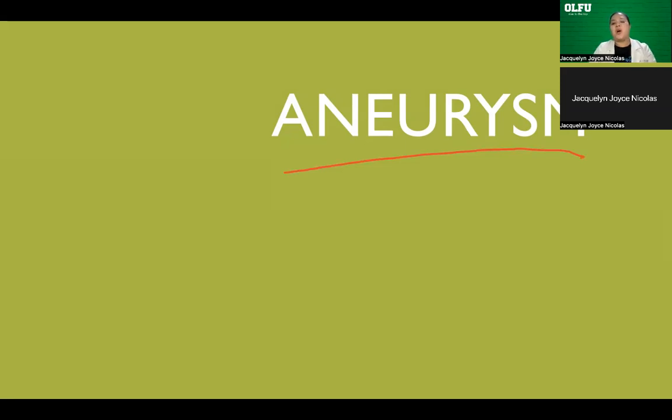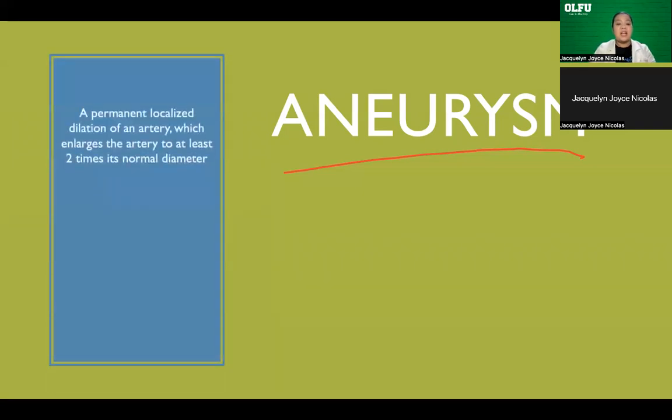Okay? So, well, aneurysm as in all forms, basta kapag sinabi natin mga vessels and aneurysm, this is usually characterized as the localized dilation of an artery. So, the artery is permanently dilated.